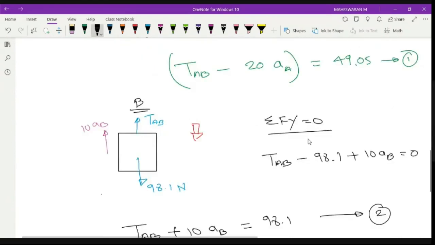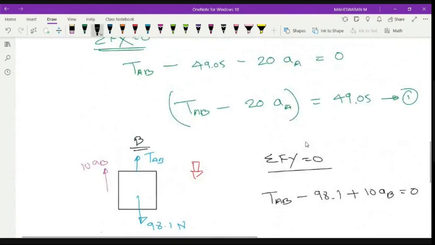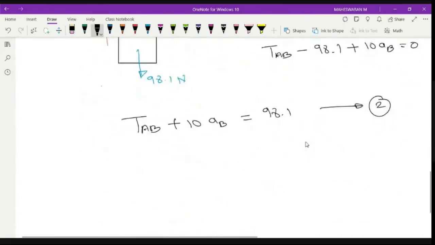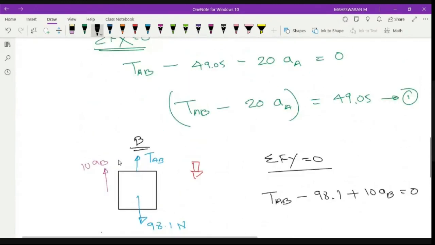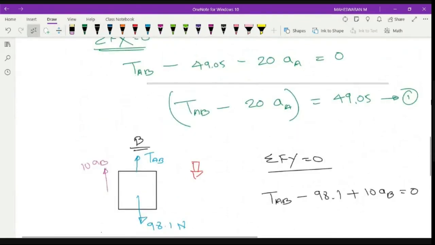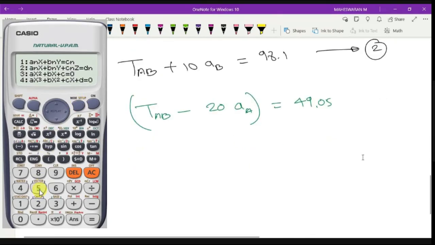So I got these two equations, right? So you know what will be the acceleration. Acceleration is same, right? I can equate it easily. So equation 2, equation 1. So can you equate and tell me what is the answer for this? Use a calculator, solve this, and find out what is the answer.